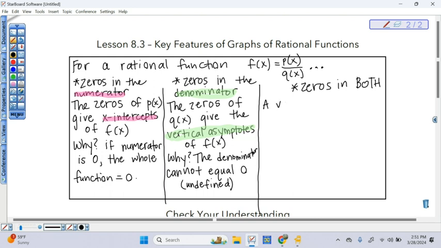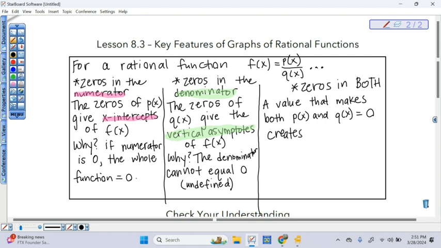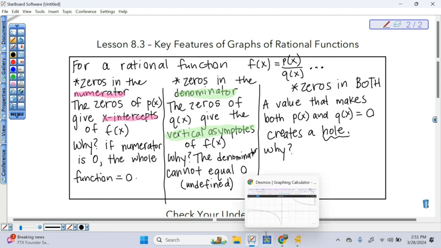So a value that makes both P of x and Q of x equal 0 creates a hole. And again, why?